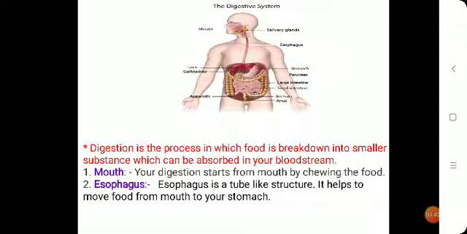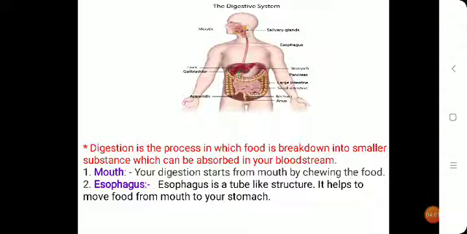Now children, in our next slide, we are going to learn about the digestive system. The journey of your food starts from your mouth and ends at the anus. Now, what is digestion?